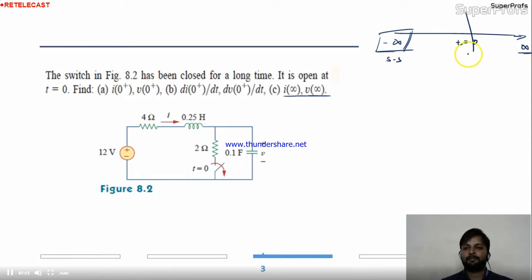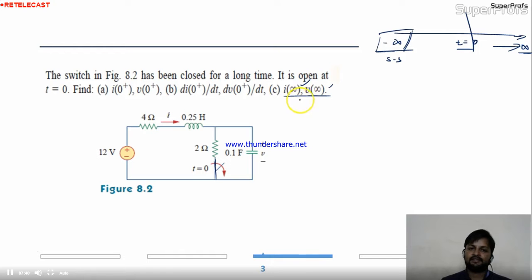Before t equal to 0, the position of the switch was closed. So this is steady state here. But they're asking I infinity, V infinity, means after t equal to 0, after a long time, what is the situation for this, right? So I have to find I infinity and V infinity.